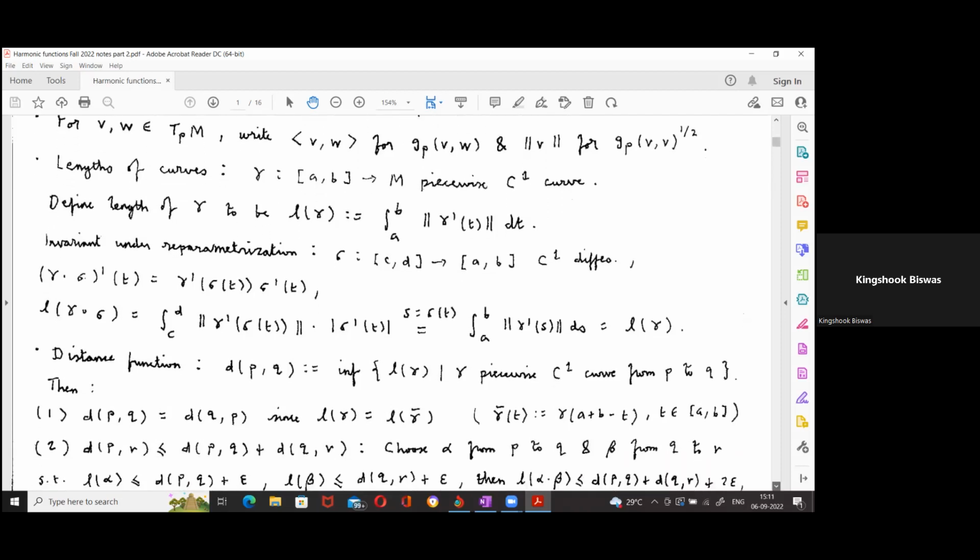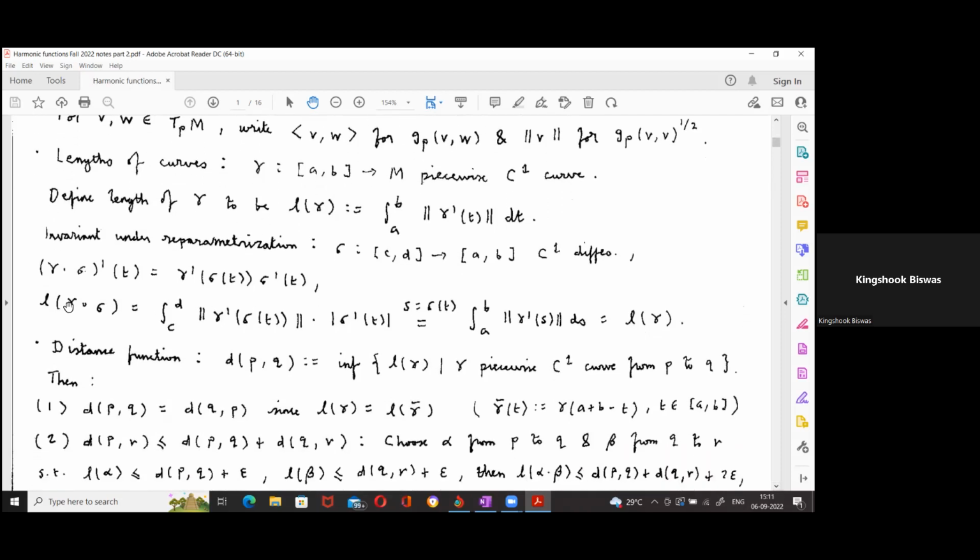And so what will the length of gamma composed with sigma be? It will be the integral from c to d of the norm of the tangent vector of gamma composed with sigma. So I'll get the norm of gamma prime of sigma t into mod of sigma prime t, dt.